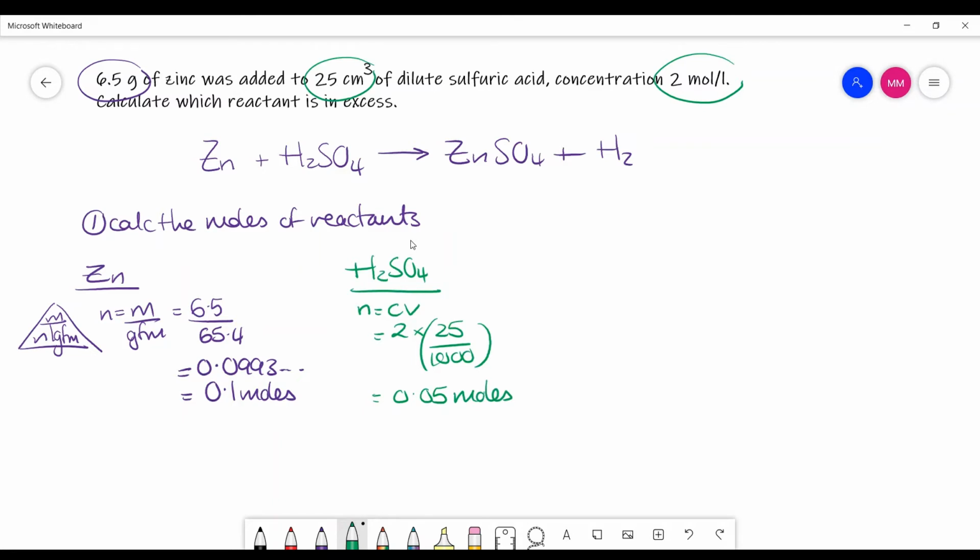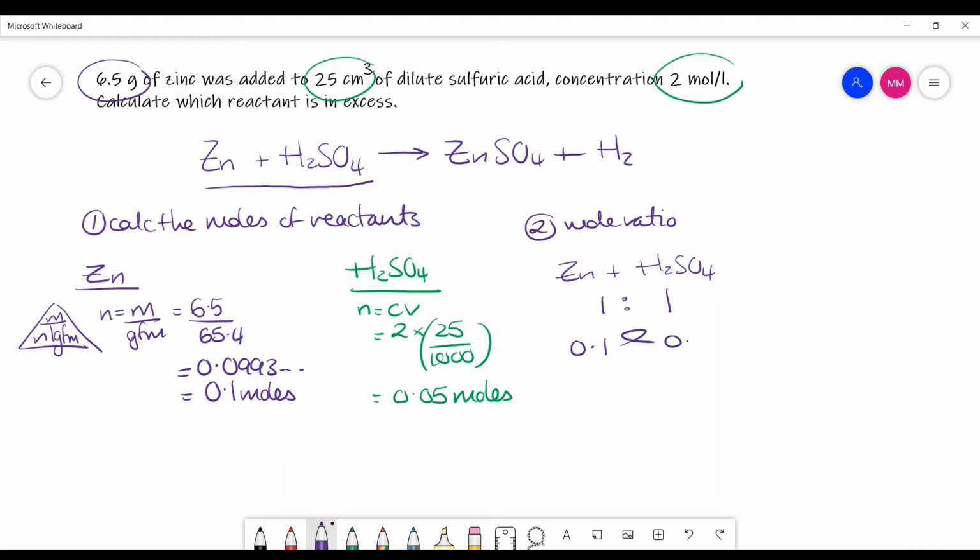Your second step now is to go back and look at your mole ratio. In our balanced equation, we can see that 1 mole of zinc will react with 1 mole of dilute sulfuric acid. We don't have 1 mole of zinc, what we have is 0.1 moles, and therefore we would need 0.1 moles of sulfuric acid.